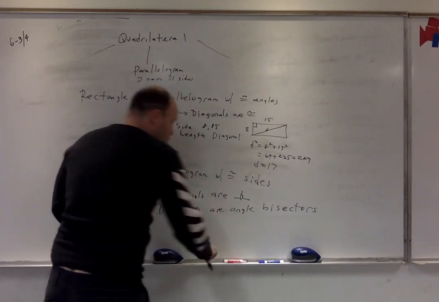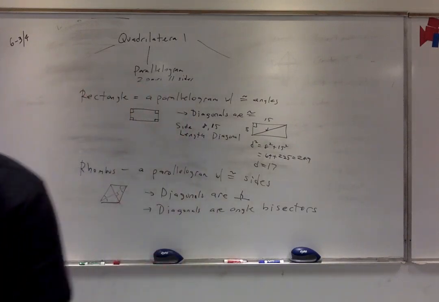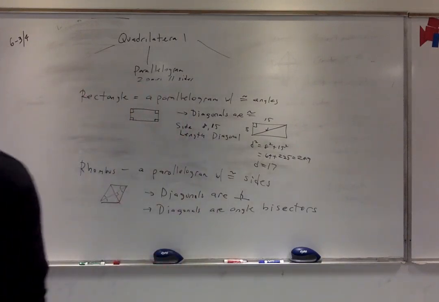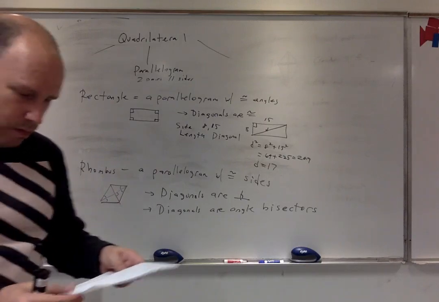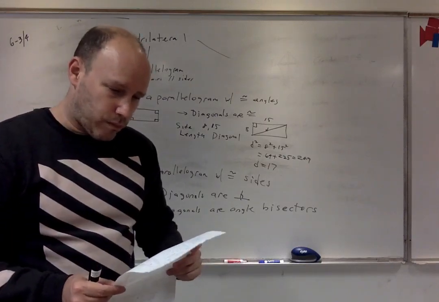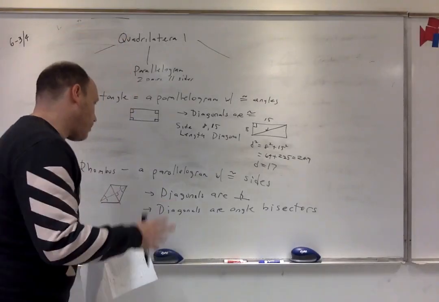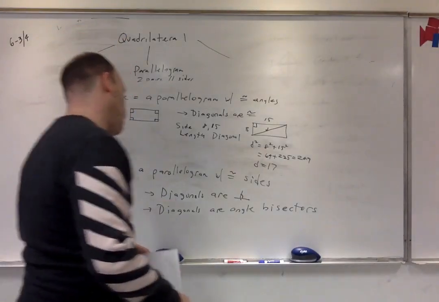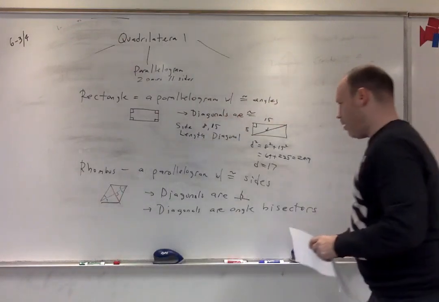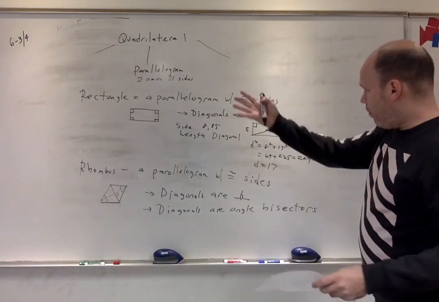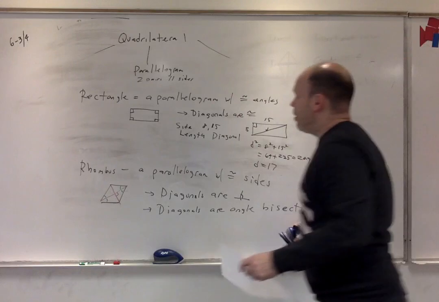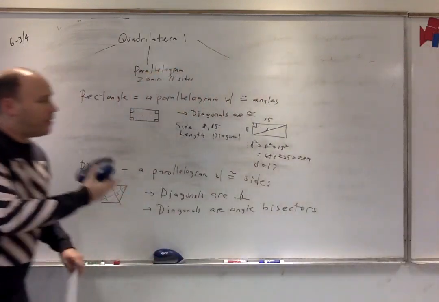So what I want you to do now is prove that the diagonals of a rhombus are perpendicular. So write this down. I'm going to erase. Sorry, guys. Write this down.